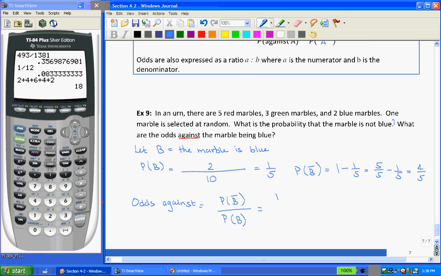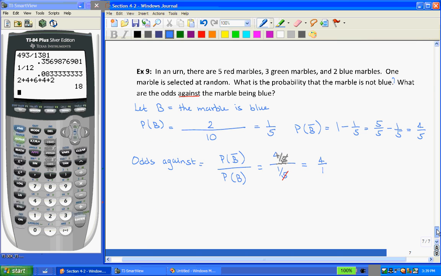Not blue is 4/5, that goes on top, and getting one that is blue goes on the bottom. Now when you have a fraction within a fraction and the denominators are exactly the same, you can cancel them, and we end up with 4/1. Usually we would go ahead and just say 4, but remember odds is really comparing two things.